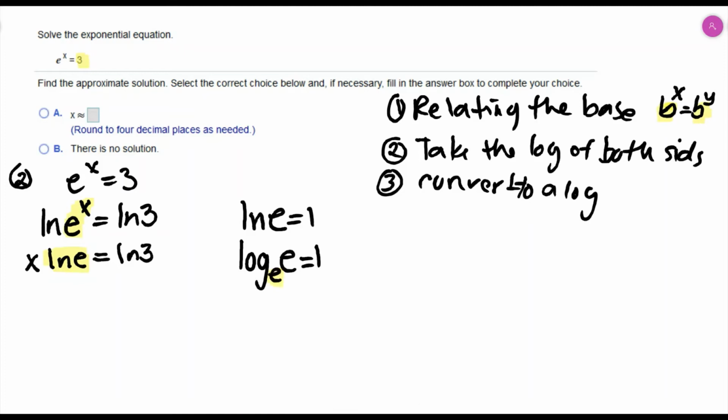The base is e, the power is 1, and then that equals what's inside the log. So we're able to simplify natural log of e to be 1.